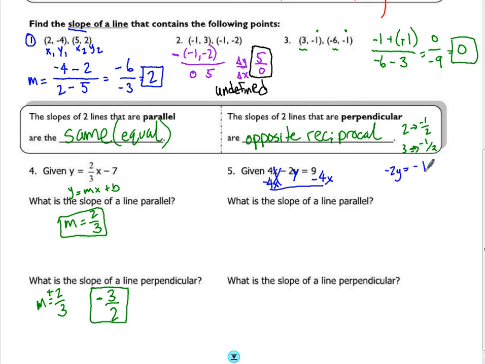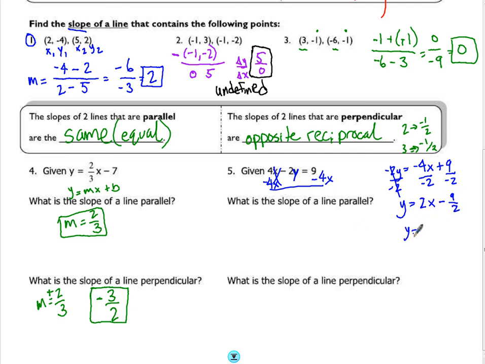Then I'm going to divide by -2. Remember, divide all the terms in my equation. So my y is equal to -4 divided by -2 is +2x. 9 divided by -2 is -4.5, or we can leave that as -9/2.